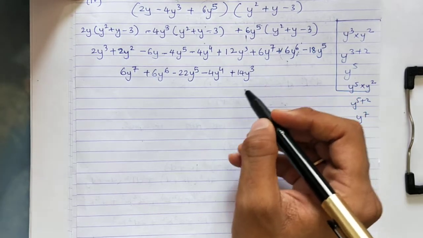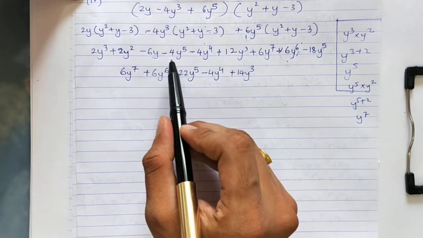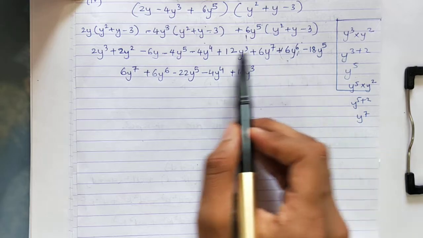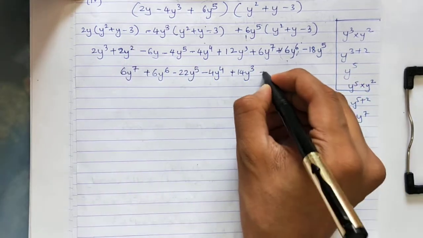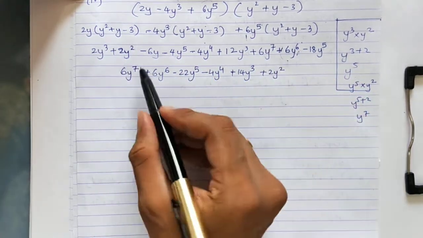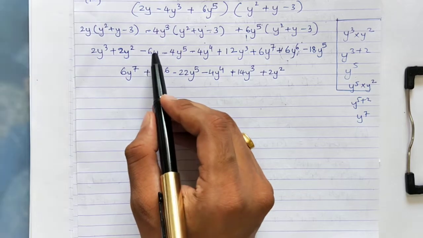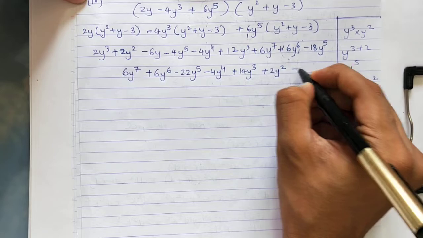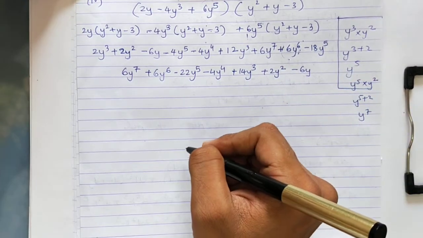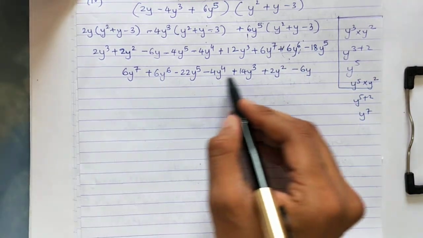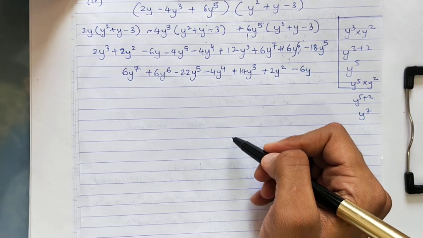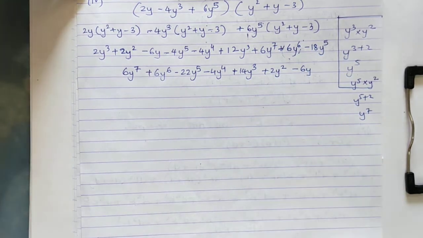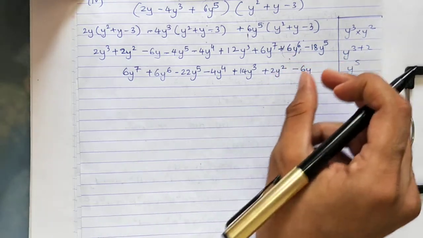Then y square: there is only one y square, so 2y square. Then minus 6y. Our answer is ready, in order. Copy each and every term properly.